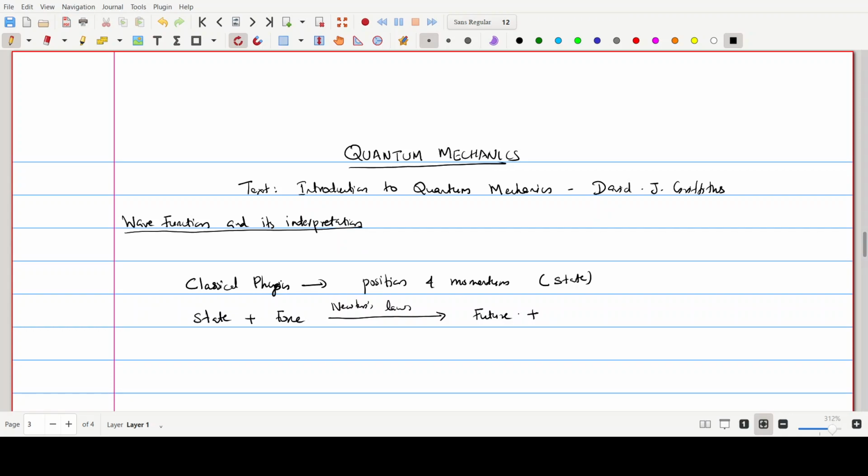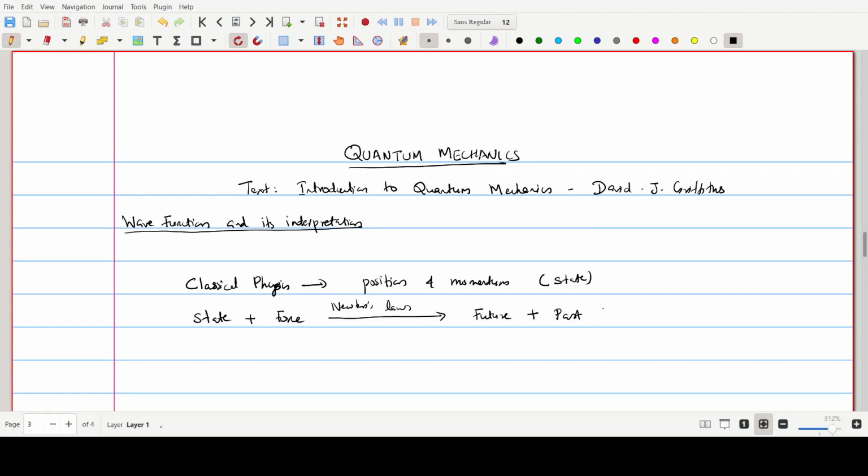Not only the future, we can also find the past of the system as well. So that means in classical physics, by knowing the state of the system and the forces acting on it, and by solving Newton's laws, it is possible to find both the future and the past of the system. So classical physics is completely deterministic.